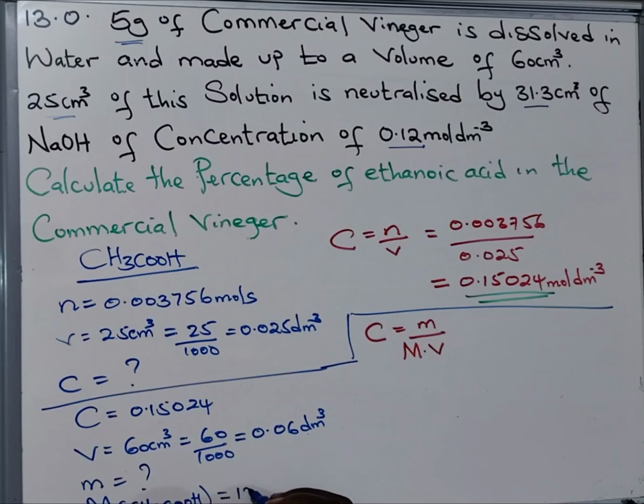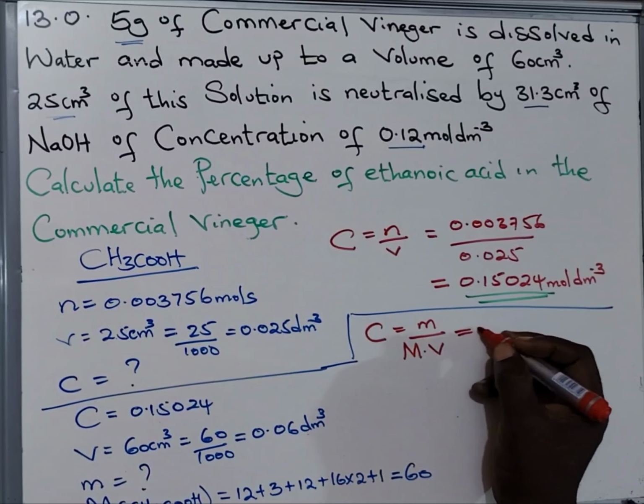Carbon is 12. Hydrogen is 3. Carbon is 12. Oxygen is 16 times 2 plus 1. What you get here is going to be the molar mass. So the molar mass is 60.